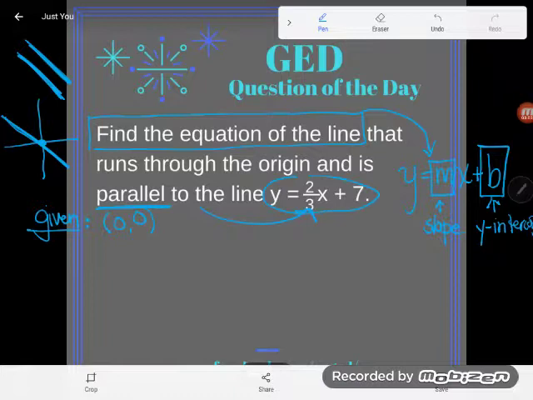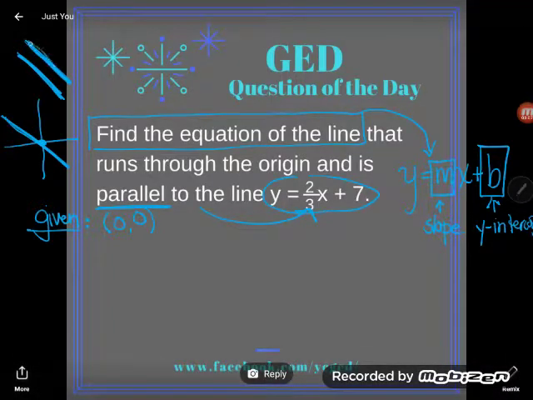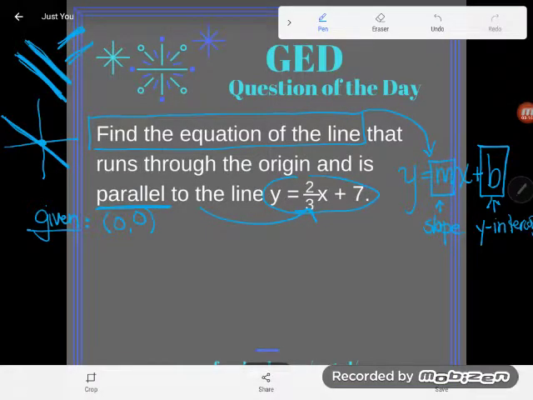But that's not very helpful in the context of graphing. So what I want you to see here is that if two lines are parallel, they are decreasing or increasing at the same rate, meaning they have the same slope. That's the thing you need to understand. Parallel lines have the same slope. You just need to know that for the GED.